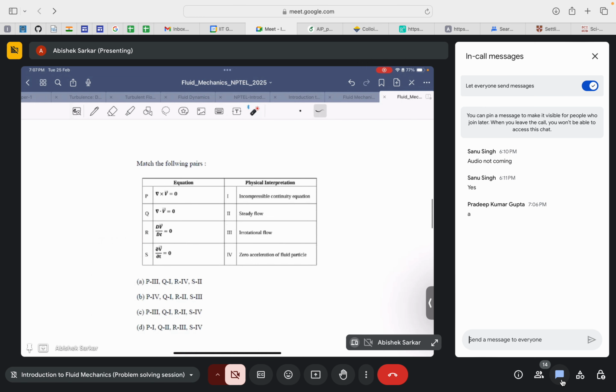So match the following. Again, not that complicated, quite simple. So you can tell me the correct one. Okay, look into it. Everything we have discussed, you can tell me which is the correct pair. Match the following.